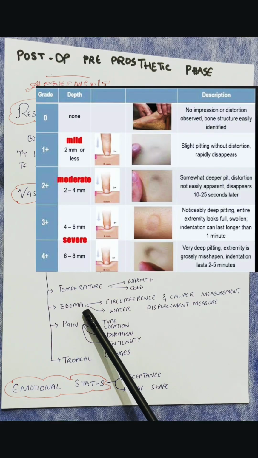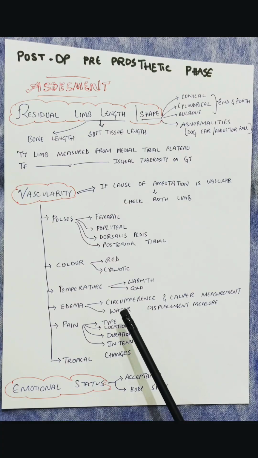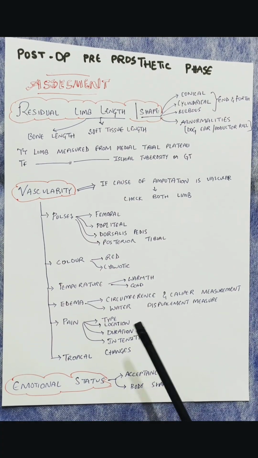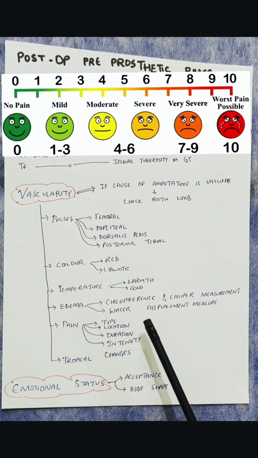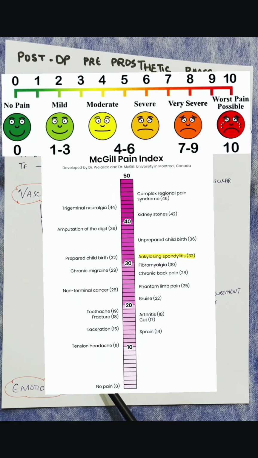If at all edema is present, the circumference and caliper measurement is taken, and then the water displacement measurement is taken. Whether they have pain, so the type of pain, the location, the duration, the intensity, everything about the pain is checked.